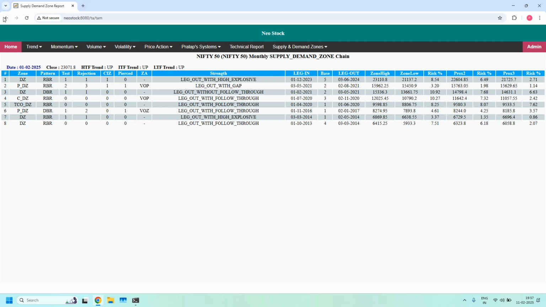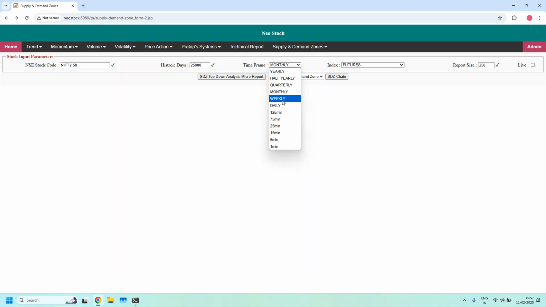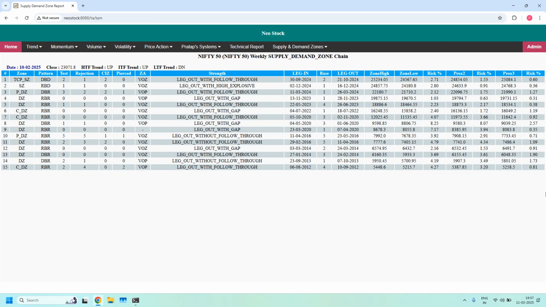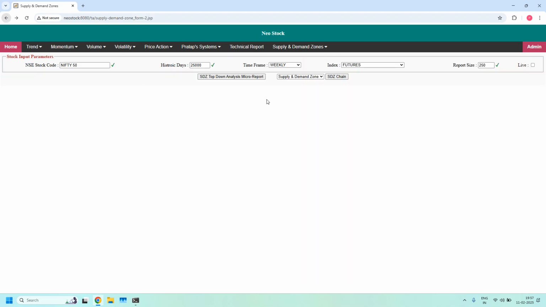Next, weekly supply demand zone chain for NIFTY. Okay, next, daily supply demand zone chain for NIFTY.